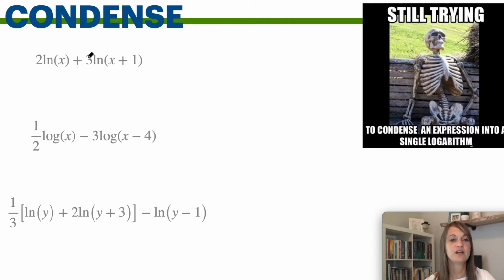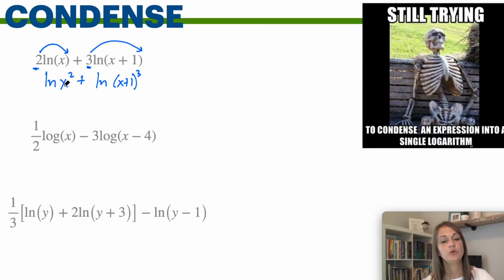So you can also condense. Anytime you have a number in front, that means it was an exponent. So you could say that this is the natural log of x squared. And this 3 also was originally an exponent. So you could say that the natural log of x plus 1 was raised to the third power.